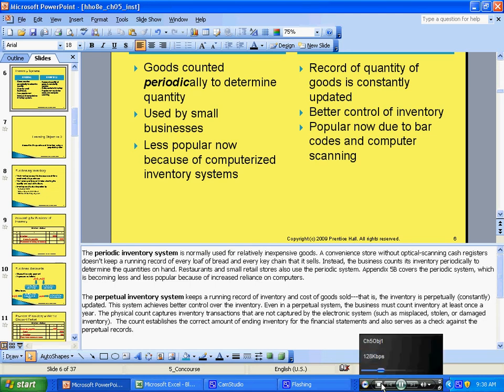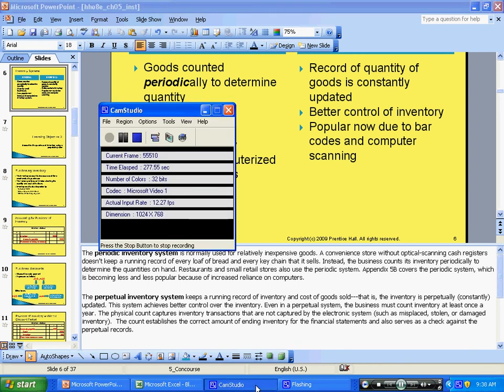Okay? So, how do we record inventory when we purchase it? Well, what we're going to do is we always debit inventory, because remember from Chapter 4, that was one of our current assets: cash, accounts receivable, prepaid items, as well as inventory.